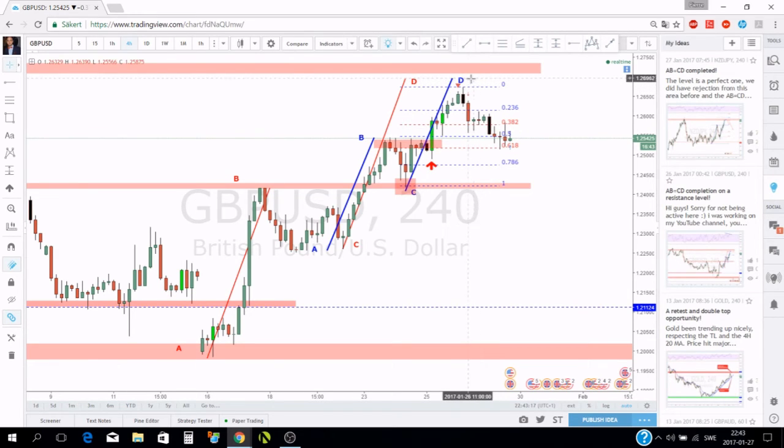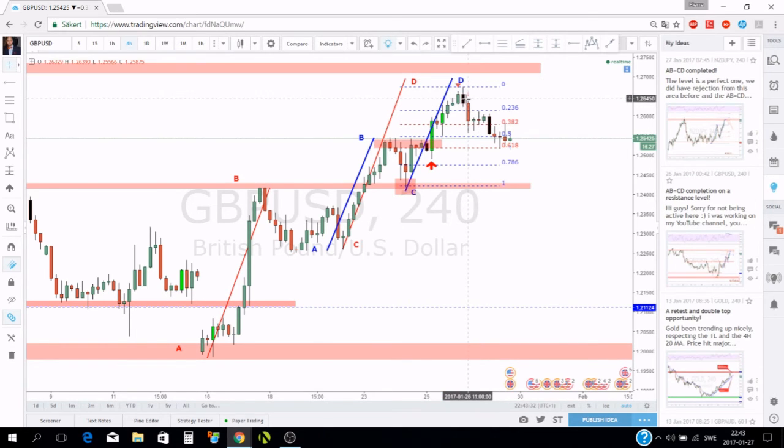My order was somewhere in this area here. It got triggered, as you see here. I needed some more pips to get triggered.